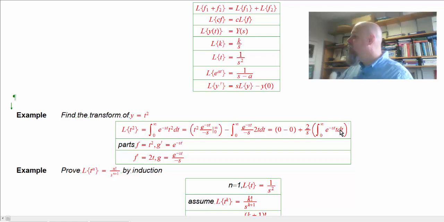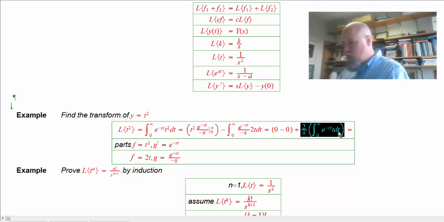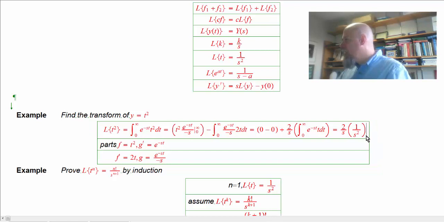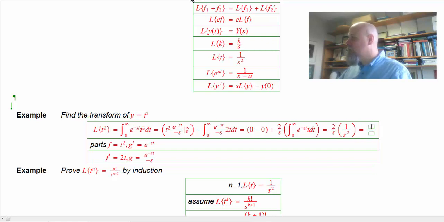This bracketed piece, by definition, is the Laplace transform of t, and I already know what the Laplace transform of t is. It's 1 over s squared. So I'm going to replace the Laplace transform of t with the 1 over s squared. And so we get 2 over s cubed as the Laplace transform of t squared.